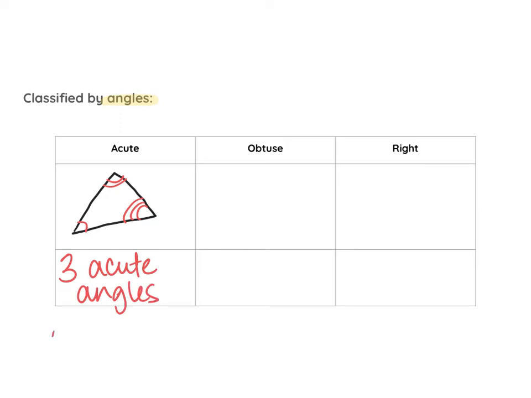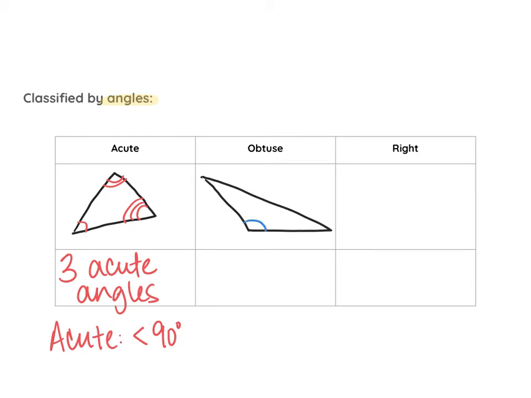And just a reminder, acute is less than 90 degrees. Okay, so all three angles in that triangle are going to be smaller than 90 degrees. We could have an obtuse triangle, which could look something like this, where we have one obtuse angle.